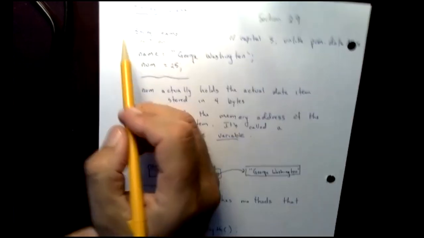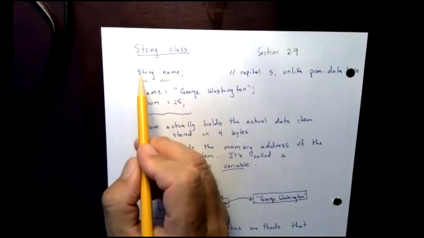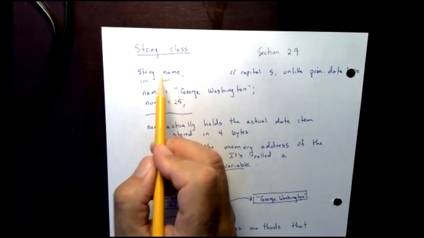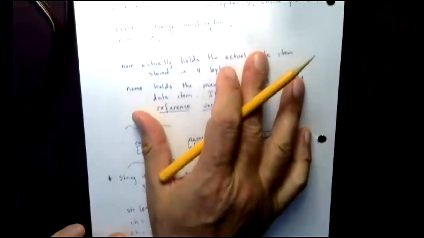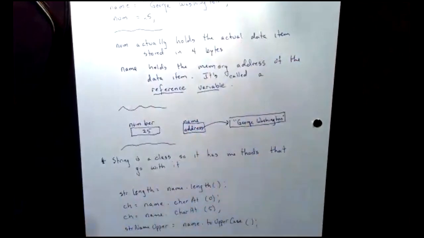Now, this string is what we call a class. And if you remember from a little while ago, Math is a class. And what do we mean by a class? It holds a bunch of little blocks of code that can do things like sqrt, like pow.